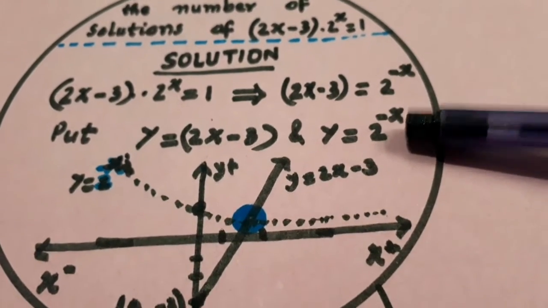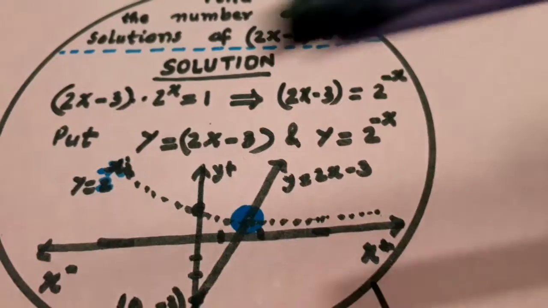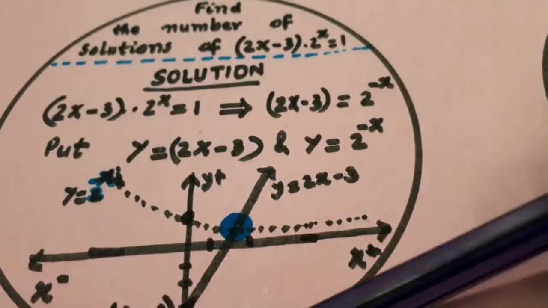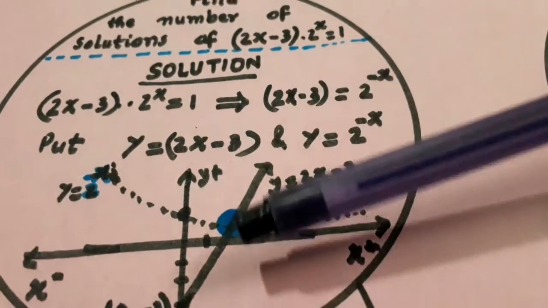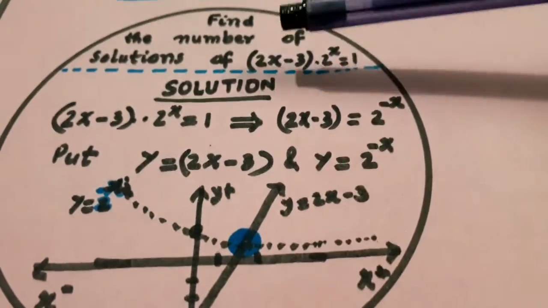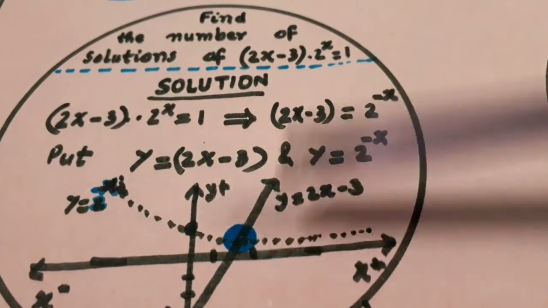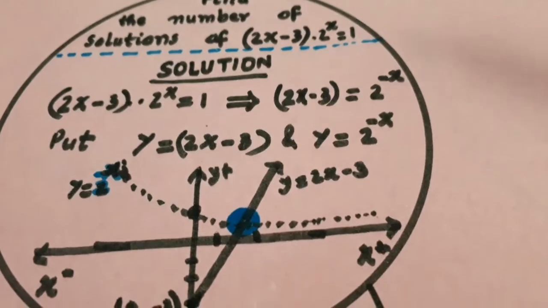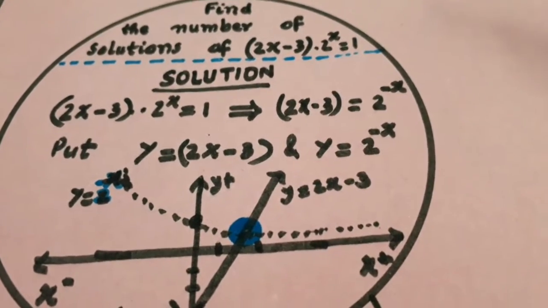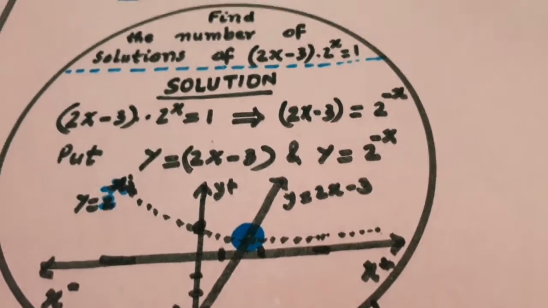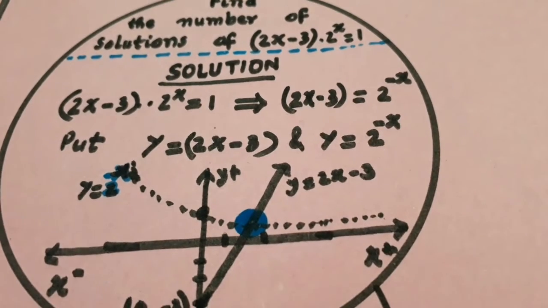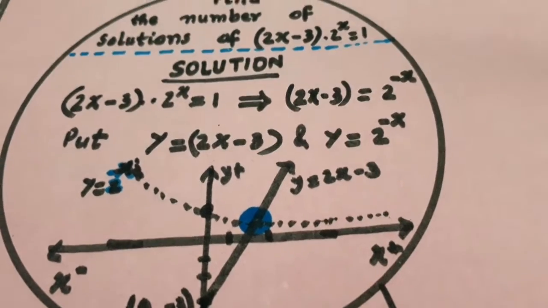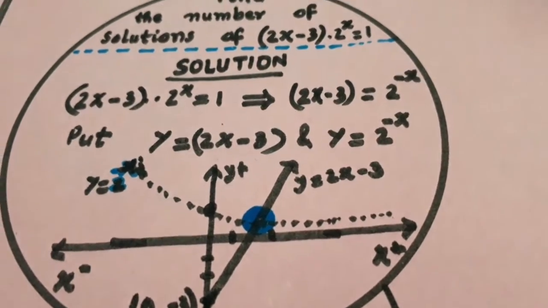It is an exponential function and the curve is like this, you know. This curve is intersecting this line at one point. So the number of solutions will be 1. Very simple. You have to draw two curves and see where they intersect. Those are the number of solutions. Suppose they intersect at 4 points, there will be 4 solutions. If they intersect at 2 points, there will be 2 solutions.